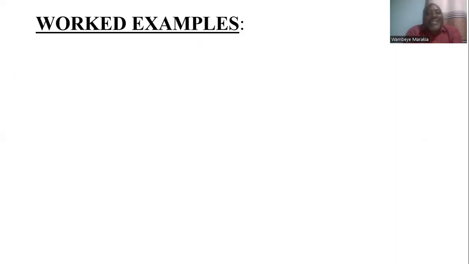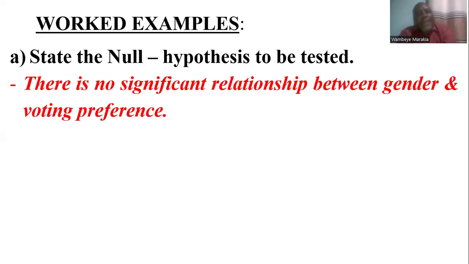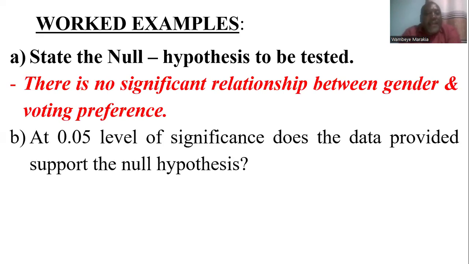So we are going to draw a contingency table. Before we go to the contingency table, let us state the null hypothesis. The null hypothesis we are stating here is that there is no significant relationship between gender and voting preference for the political party.